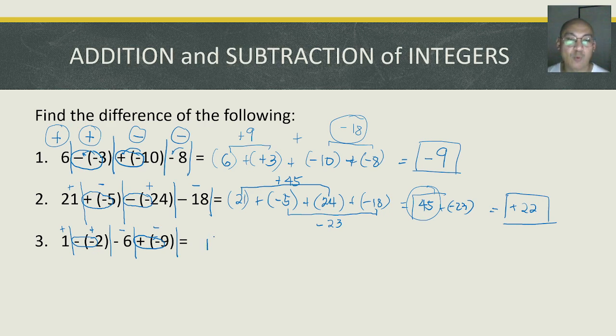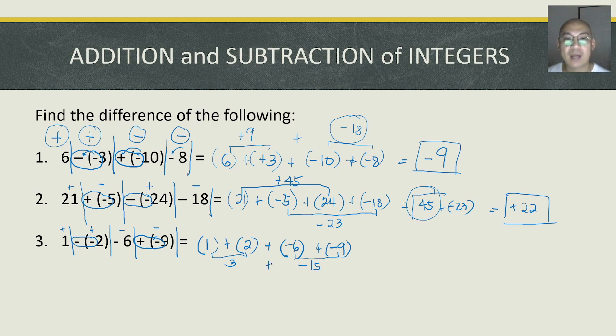We have positive 1, positive 2, negative 6, and negative 9. So let's add all of them. Combine first, same sign. So these two having the same sign and that is 3. And these two having the same signs and that is 15, negative.